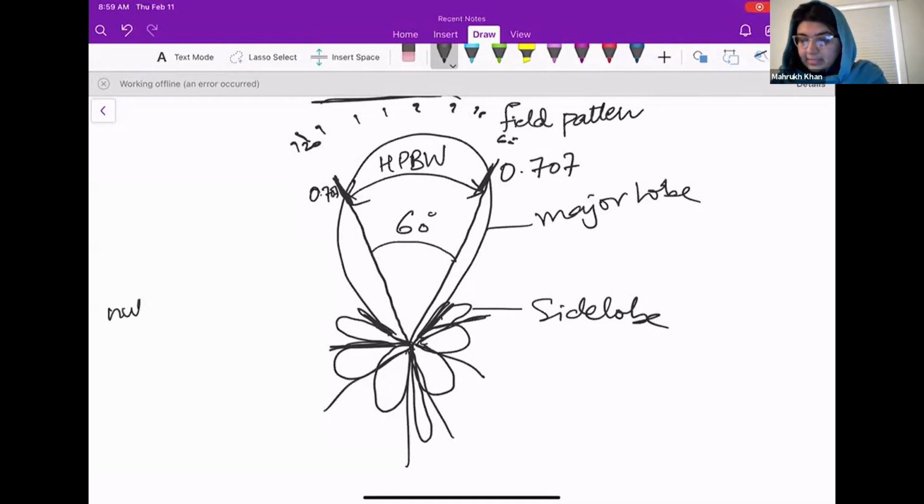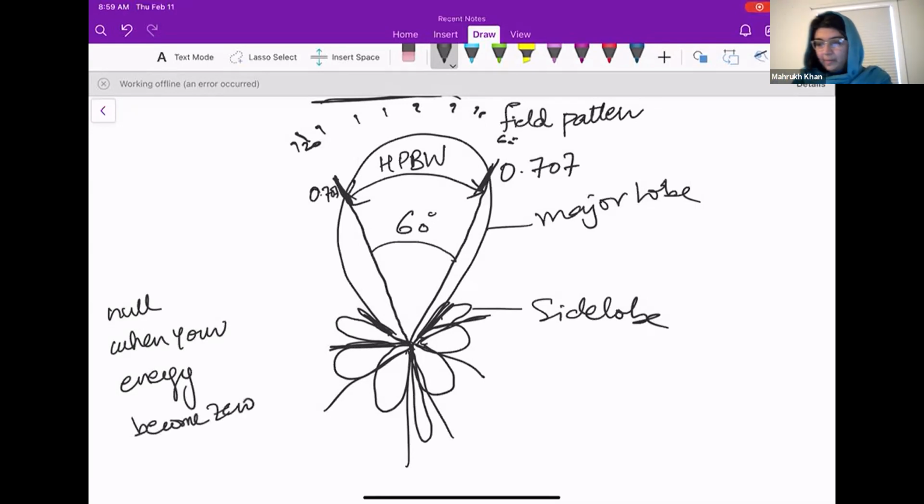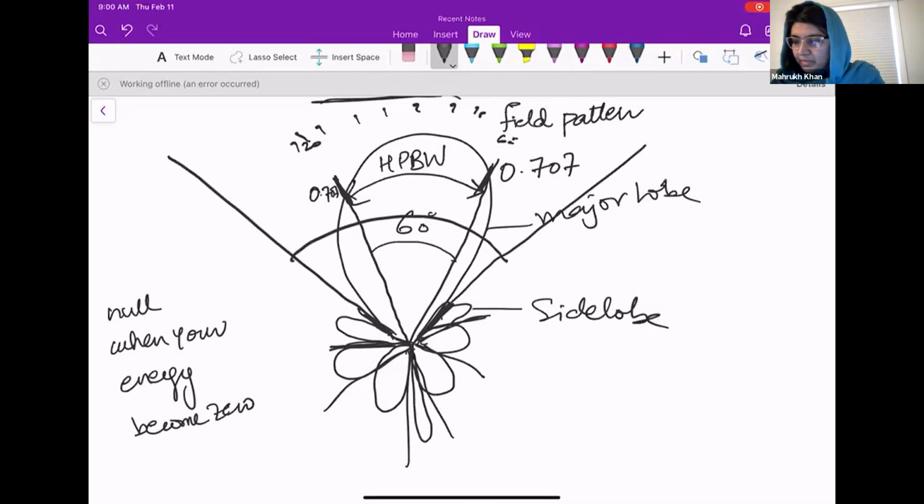So null is when your energy becomes zero. First null beam width is when you take the first null and measure the angle between them. This is the first null after the major lobe, and this would be the first null beam width.